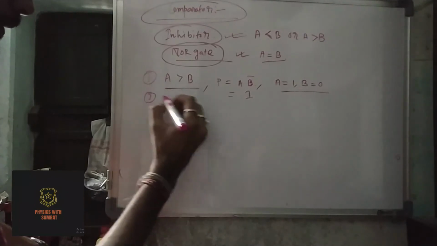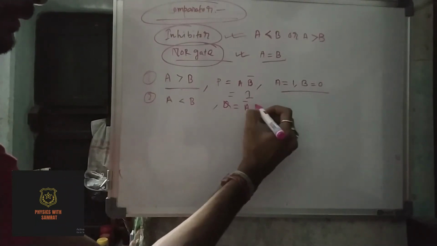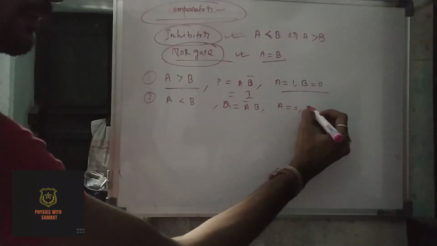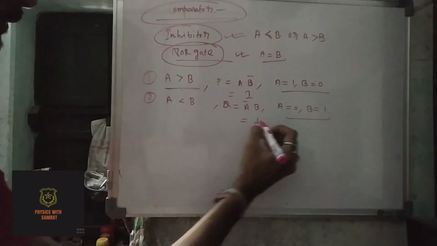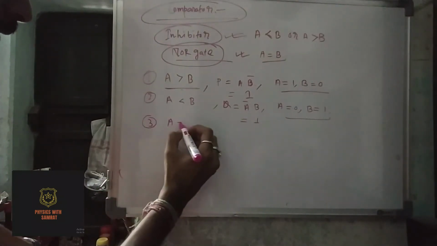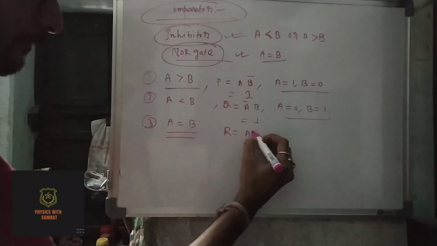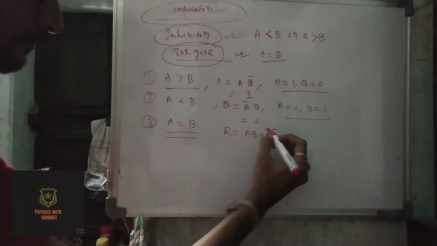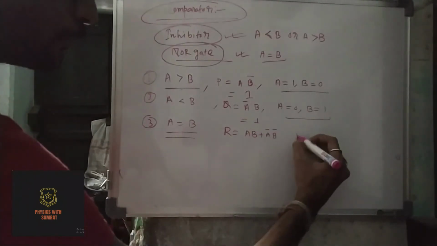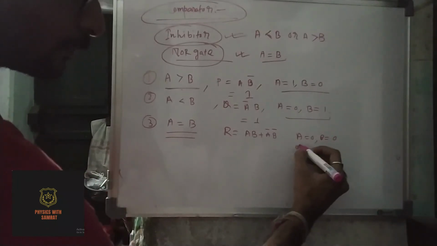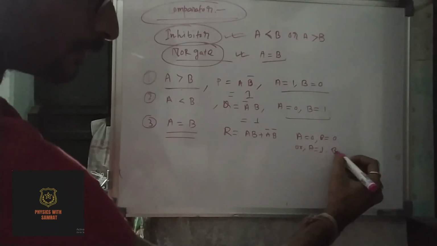Okay. So if A is less than B, we get Q is equal to A bar B, that is A 0, B 1. And for the third one, we use the case when both are 0 or both are 1, both inputs are 1. Okay.